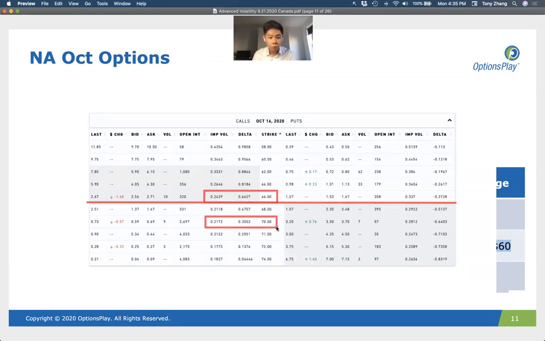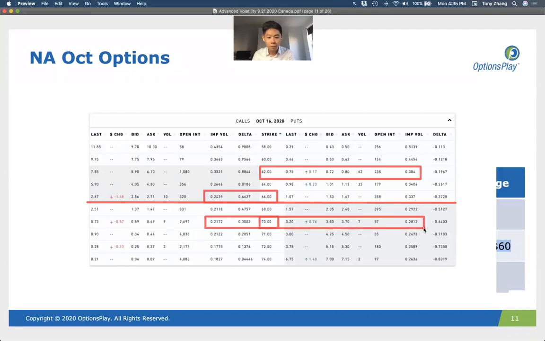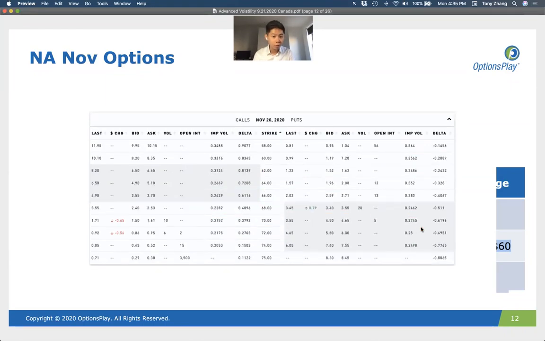The out-of-the-money options are trading at 20 vol. These are very similar to what we saw before in BMO. They're a little bit more elevated than what we saw in BMO, but they're largely the same. And we would expect a stock like BMO and National Bank to be reasonably similar when it comes to implied volatility. And when we look at the November options, we see the same thing.